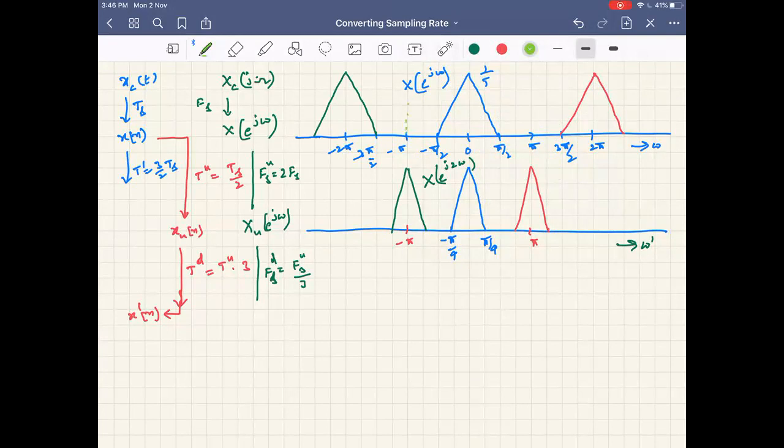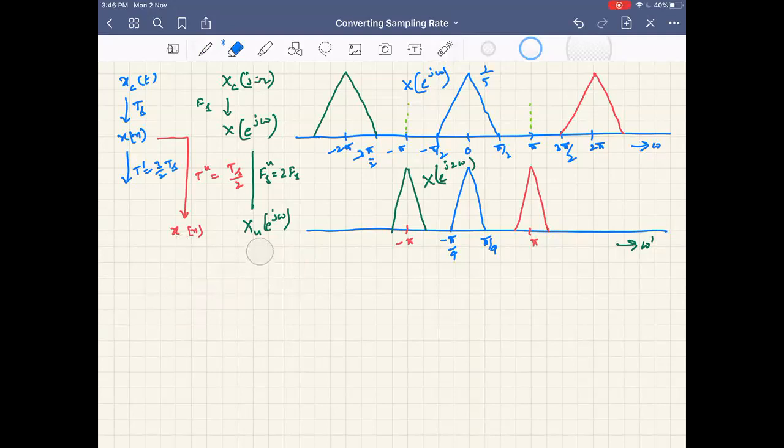Roughly it has to cover this region in X(e^j omega). To do that, let me write here the intermediate things as well, rather than directly jumping on. So here let us write x_e[n], X_e(e^j omega), so that we have the process clear.